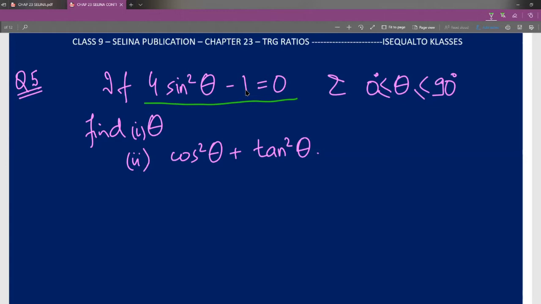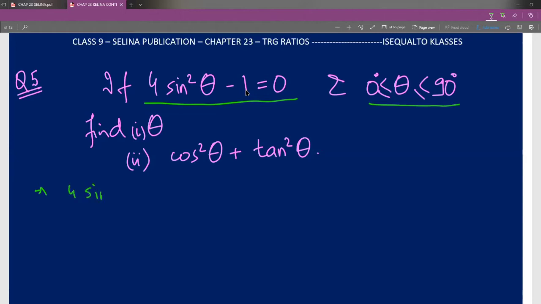And there is a condition given here that the angle that you will find, say for example 30 degree, should be greater than equal to 0 degree or lesser than equal to 90 degree.